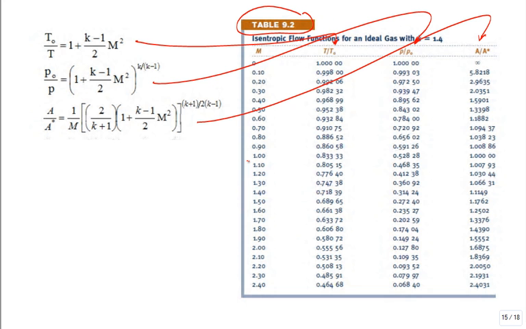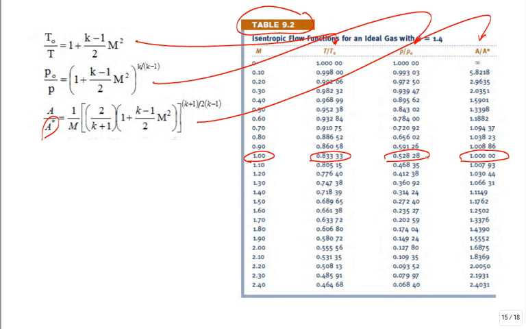This is with a Mach number of 1. The temperature will be 83% of the stagnation temperature, the pressure will be 53% of the stagnation pressure, and the area compared to the throat area is 1, because that's what A star is, the throat area.